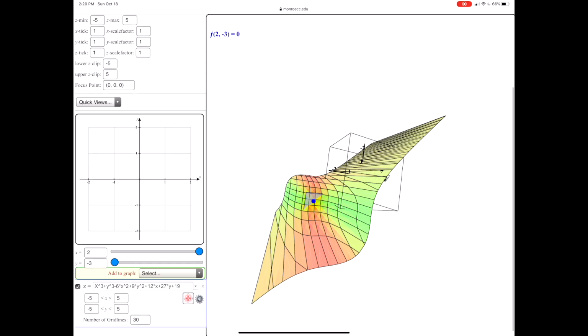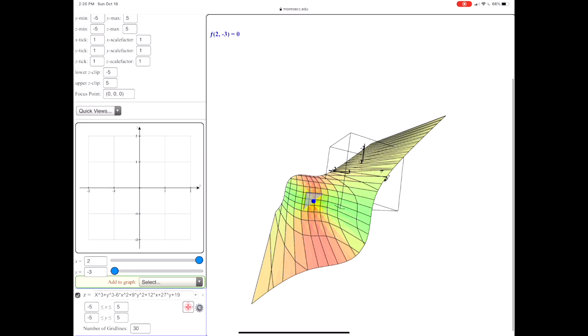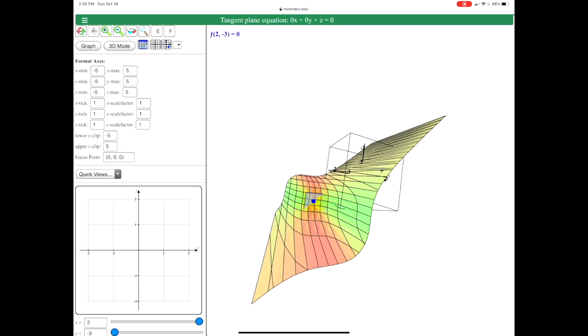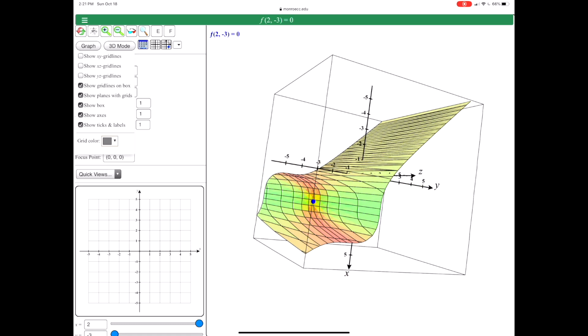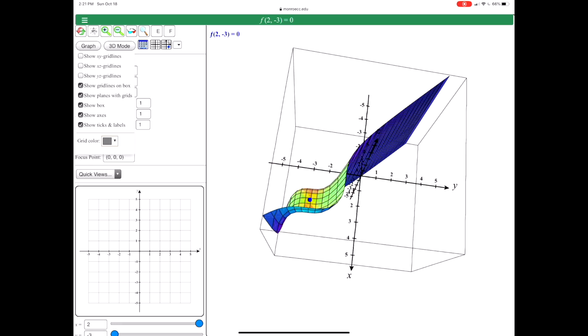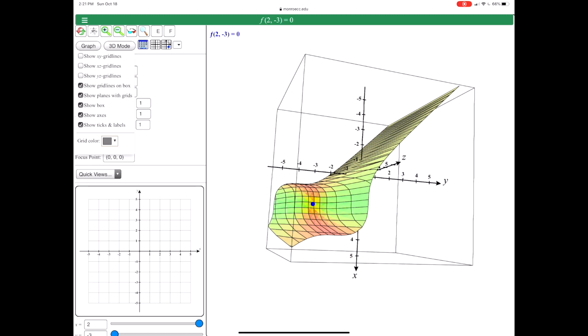And again, I'm sorry, I don't know why this isn't showing our grid that we want. There we go. Okay. So this is our point of interest right here.